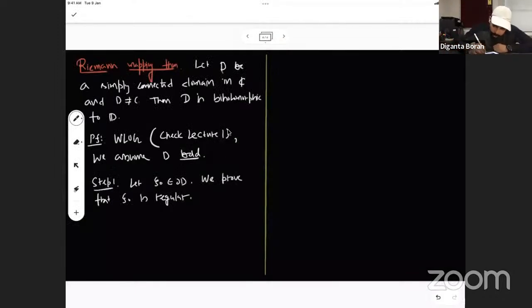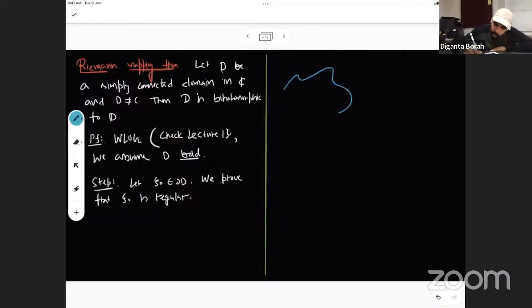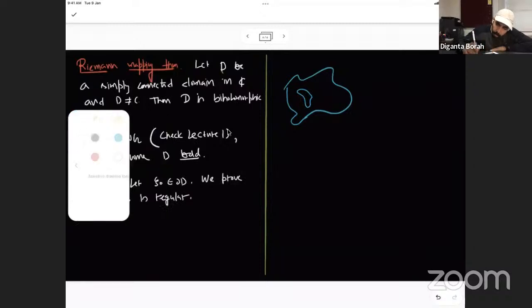Okay, let's try to show that this zeta naught is a regular boundary point. So I'll draw some picture. Say this is your D, and we're assuming this is bounded, and you have some boundary point zeta naught.